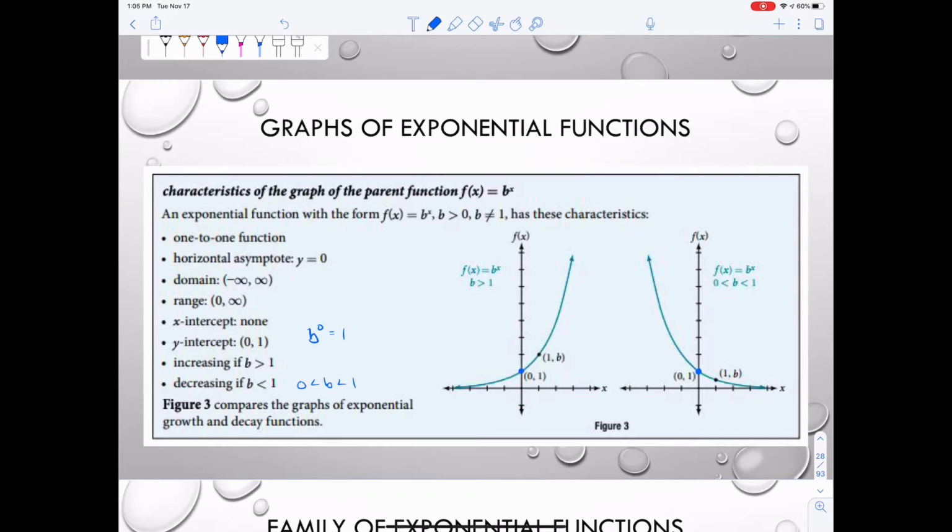So it's increasing by a multiple of b as I go from left to right. When b is less than 1, I'm still multiplying by that value b as I go from left to right, but it's decreasing because it's smaller. So if I had 1/2, for example, I could either think I'm multiplying by 1/2 or I'm dividing by 2 every time I go to the right.